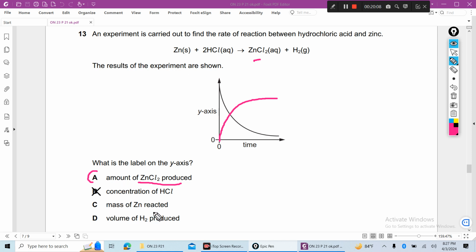Mass of zinc reacted: zinc is in excess, so no. Then volume of hydrogen produced also increases. So the y-axis is the concentration. As time goes on, the concentration of acid decreases.